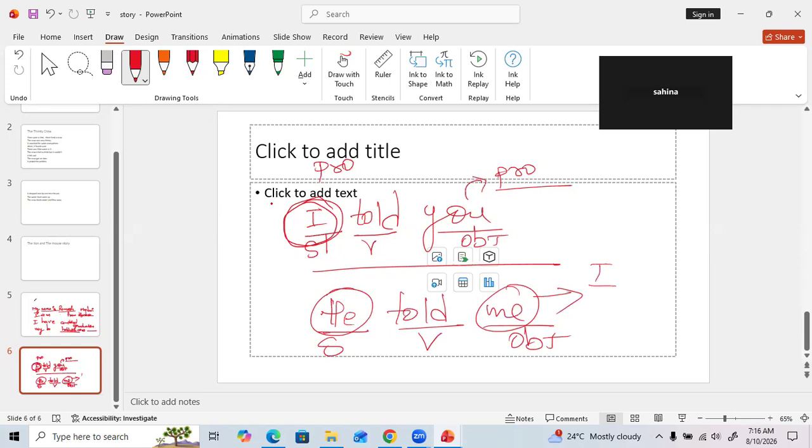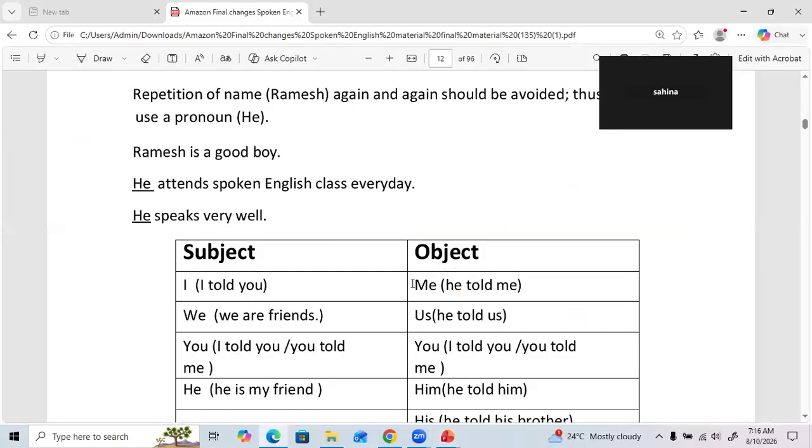So if I try to use I, he told I, will it be correct? Obviously you may say no. Why? Because if it is subject, it should be used only on the subject side. If it is object, it should be used only on the object side. If you try to change the positions, it will be wrong. So as you can see, I told you, in the same way, he told me.